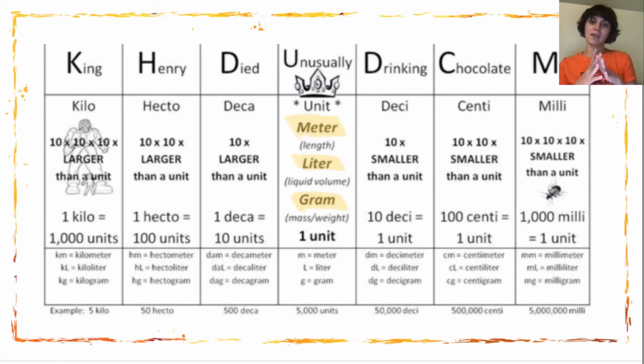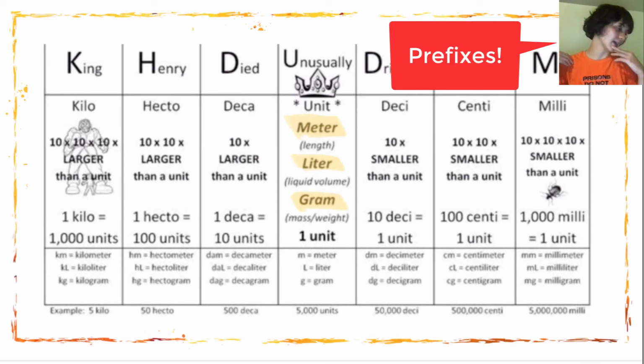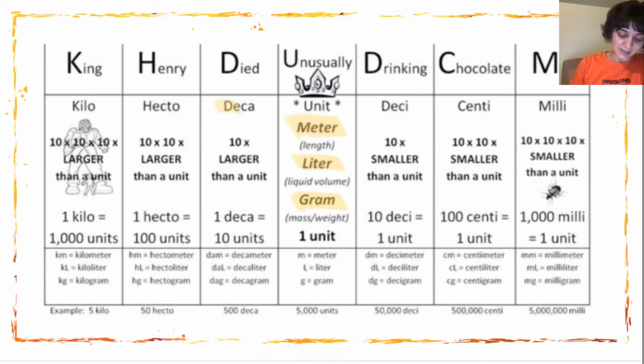And then if I want that unit to get bigger or smaller, I can add different prefixes. What's that word when you add it to the front of the word? You can add different prefixes, so for instance, I have deca, hecto, and kilo. So this means I'm getting larger than the meter unit, okay?